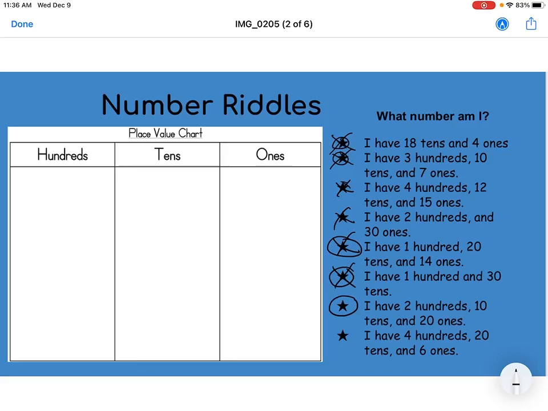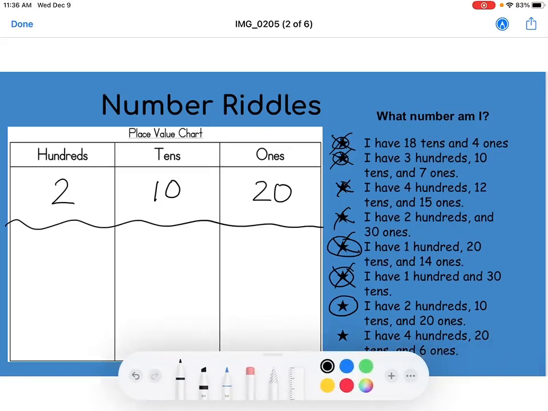This one says, I have 2 hundreds, go ahead and put that there, 10 tens, and 20 ones. So we're going to put that in our chart and get ready to do some regrouping. Pause the video, do your regrouping, and figure out what our answer is. Pause now.